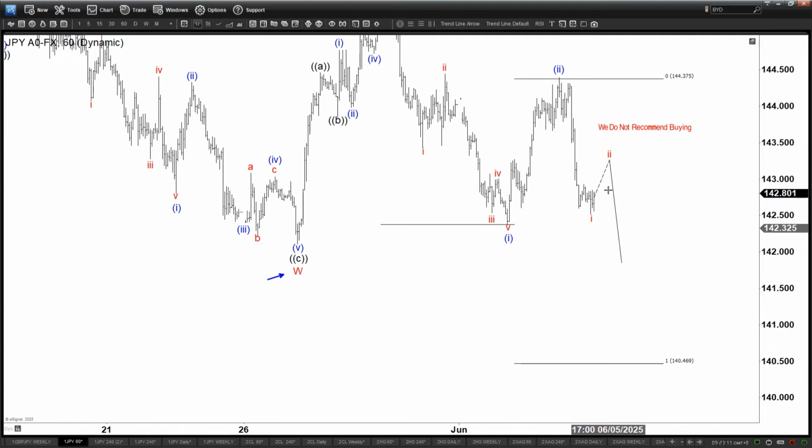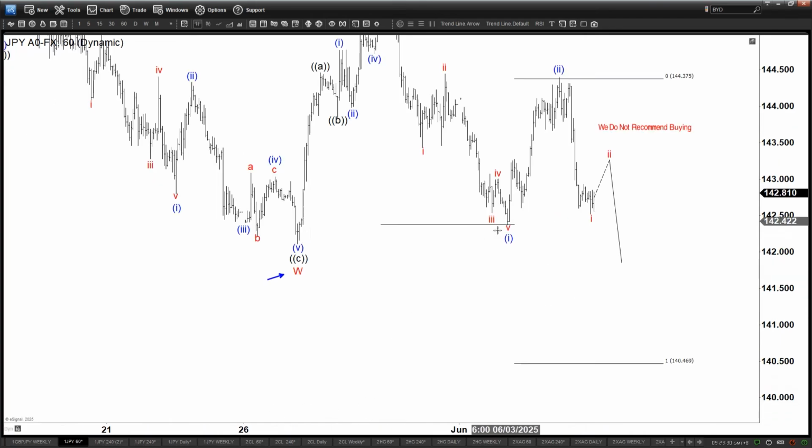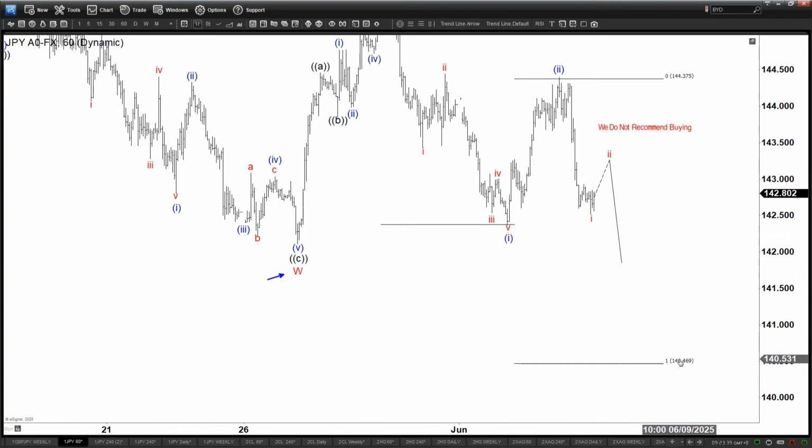Now, if we can break below this low, it makes it much more likely to break below this low as well. And then you go to the higher time frame. Breaking below W will open up yet another lower low bearish sequence again. This time is from here. Now, if it breaks below this low, which is this W1 low, then it will create a lower low bearish sequence from here, aiming for 140 like what we saw before.